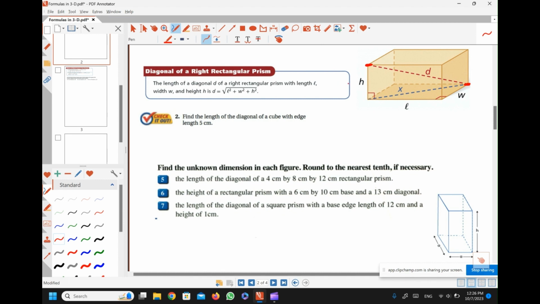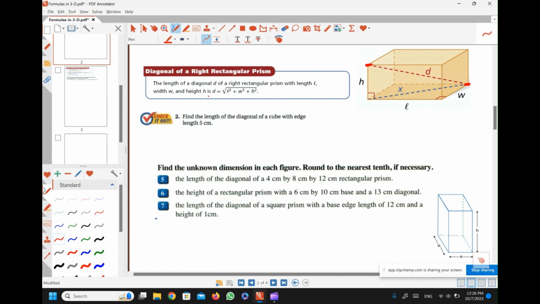The formula of the diagonal is given by the square root of the squares of all dimensions. So it is the square root of length squared plus width squared plus height squared. The height is given, length is given, width is given. So when we square all of them under the radical and add them up, we'll get the diagonal.